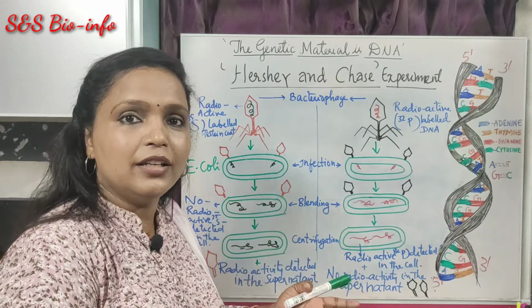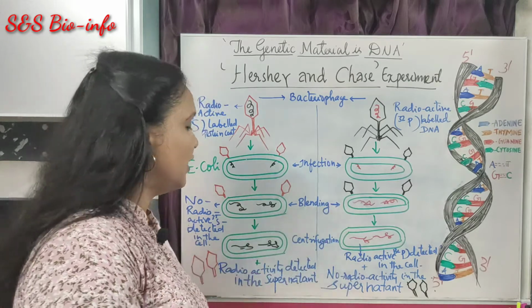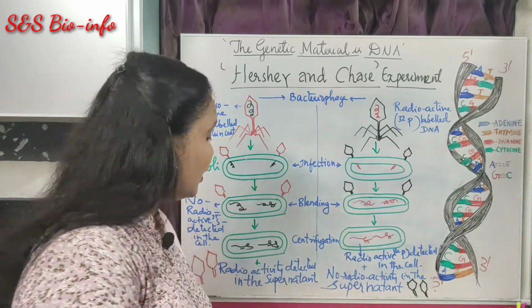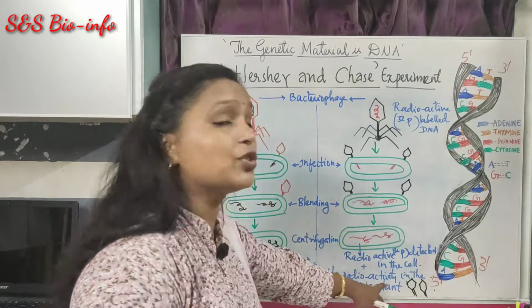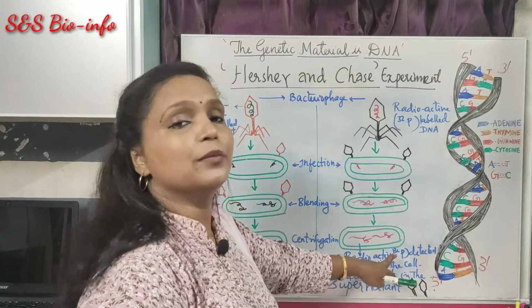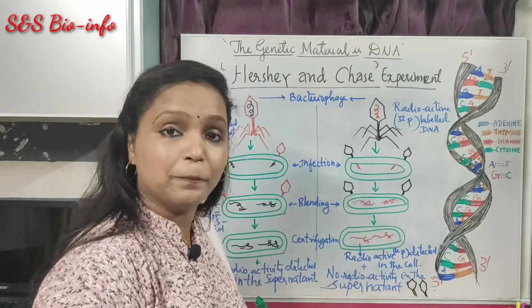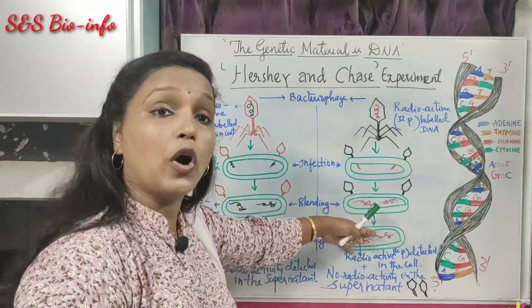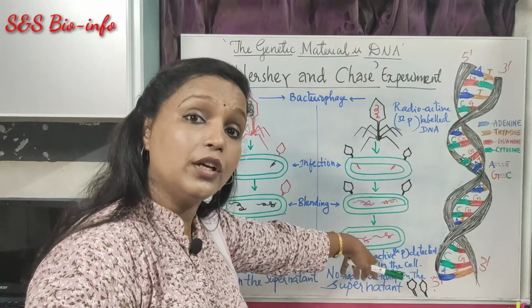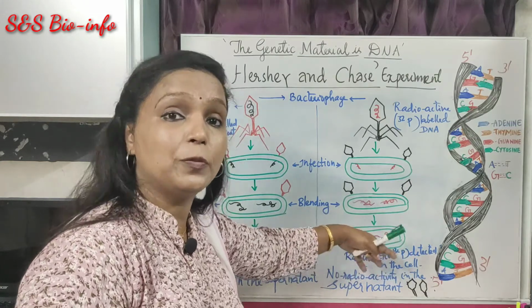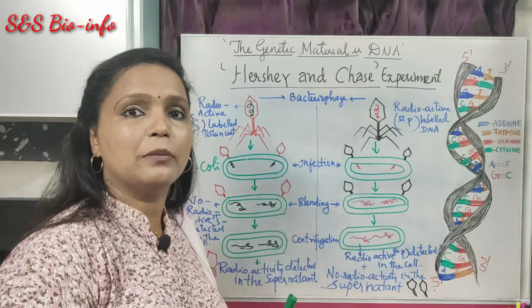That means the DNA entered into the E. coli bacterium, so that there was no radioactivity in the supernatant, but they could observe the radioactivity in the E. coli's body. Got it? The phage DNA incorporated with the DNA of the E. coli, and it started to produce the progenies of the bacteriophage.